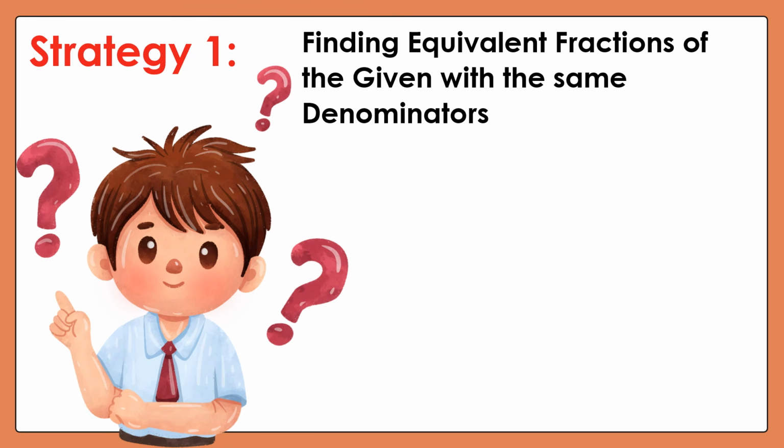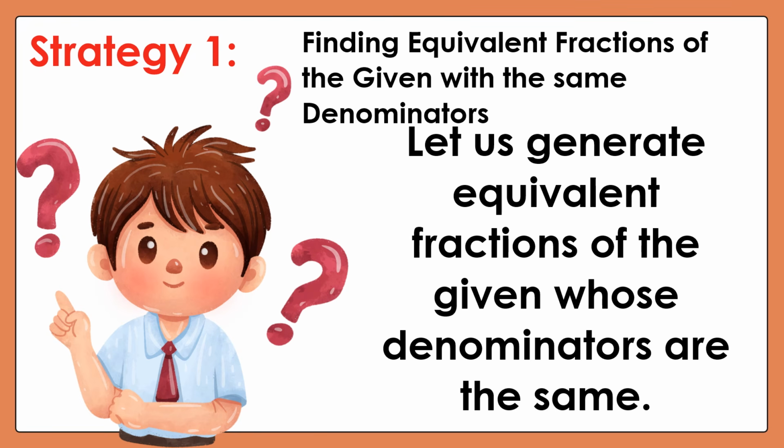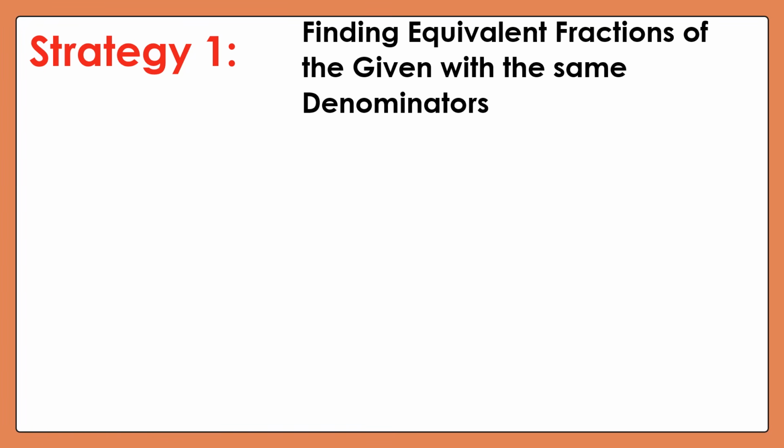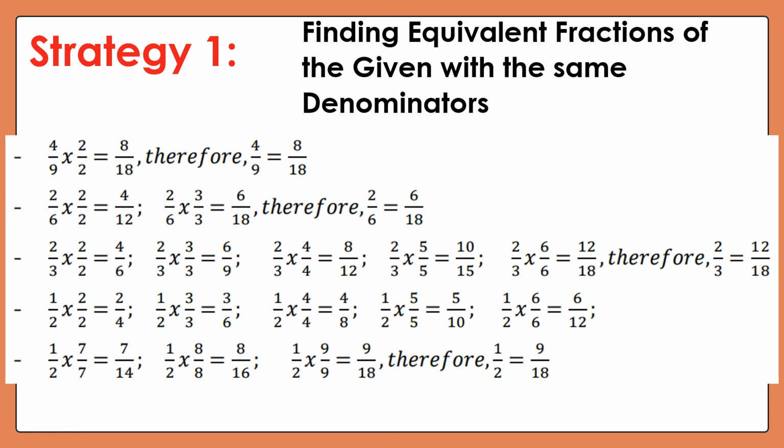Strategy number 1, finding equivalent fractions of the given with the same denominators. Let us generate equivalent fractions of the given whose denominators are the same. Therefore, 1/2 is equal to 9/18.